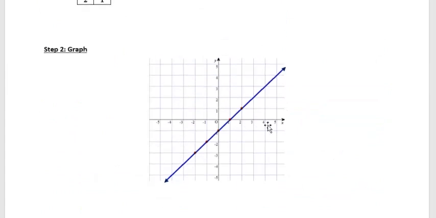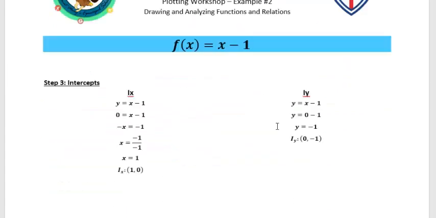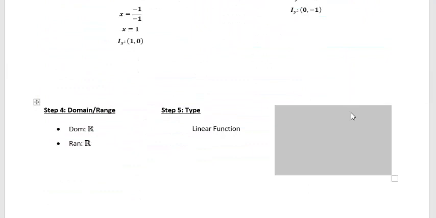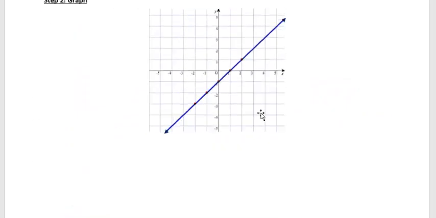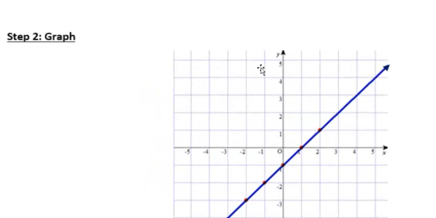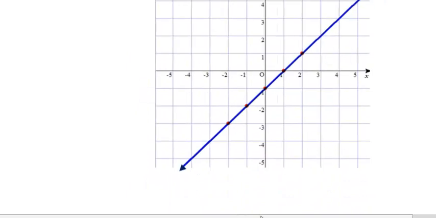Now step number 6 is about growth intervals. We need to know whether the line is increasing, decreasing, or constant. Increasing means the line is going up.